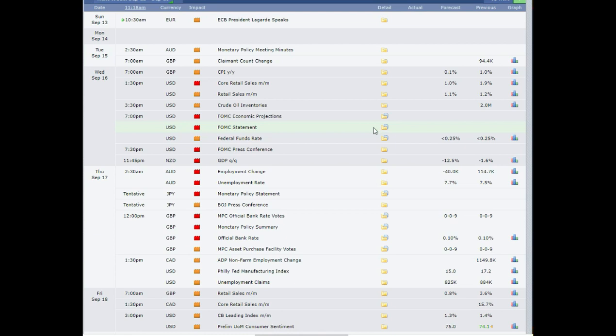Now FOMC usually changes the statement slightly at each release. It's these changes that traders focus on. It is the primary tool the FOMC uses to communicate with investors about monetary policy. It contains the outcome of their vote on interest rates and other policy measures, along with commentary about the economic conditions that influence their votes.